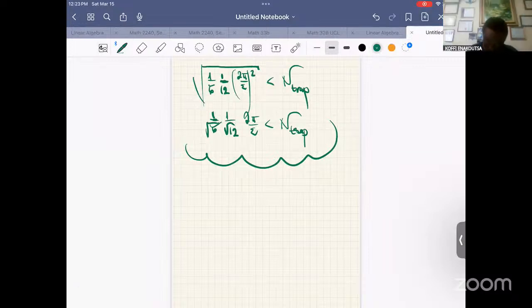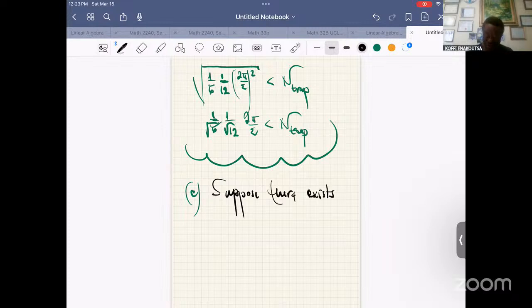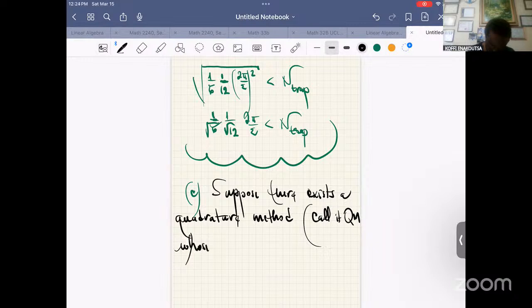Okay. So next question. In the next question, C, suppose that there exists a quadrature method, let's call it QM, whose error satisfies error equal to 1 over the root of NQM, regardless of the integrand.